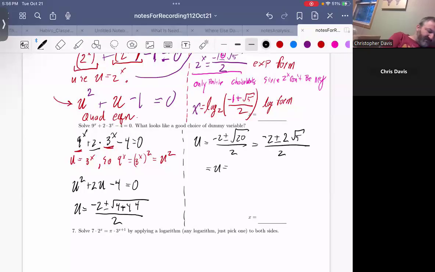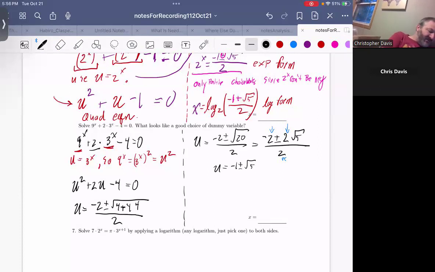Everything in the top's even. That's a multiple of 2. That's a multiple of 2. The denominator is only a multiple of 2, so those 2s can cancel. So that's going to get me u equals negative 1 plus or minus root 5, no longer divided by 2.